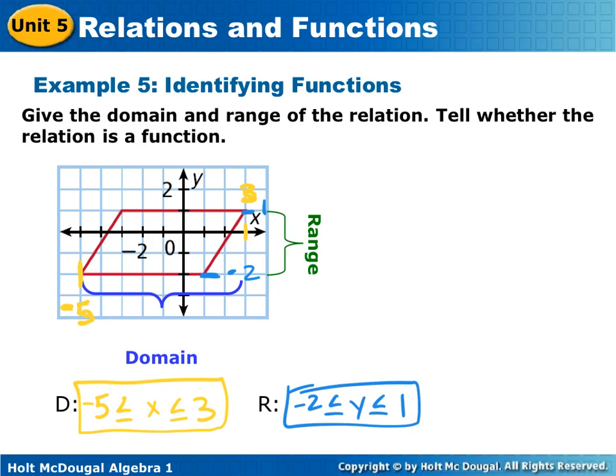Now, I'm going to tell you something that I know you've heard before. Okay? When asked if this is a function, how can we figure that out really easily? When you're given a graph, the easiest way to think about it is something called the VLT. Vertical line test.